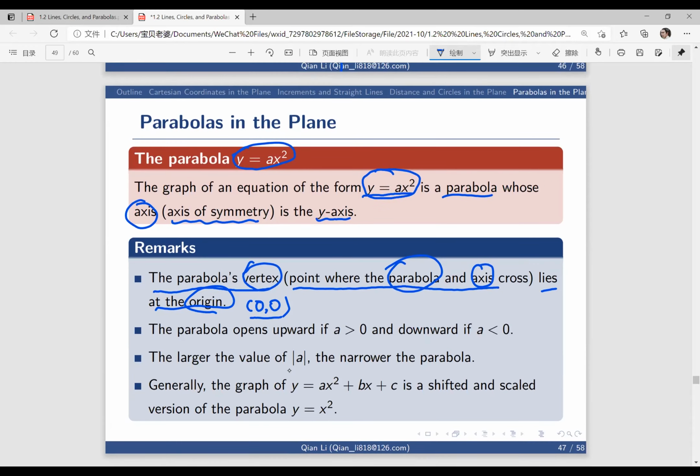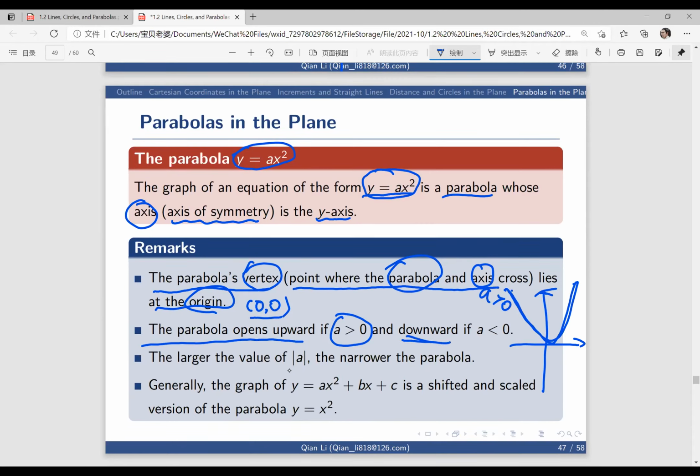Okay, and let's see the parabola opening upward. If a is larger than 0, then this parabola will open upward. If there is a parabola like this, it means a is larger than 0, so it opens upward.